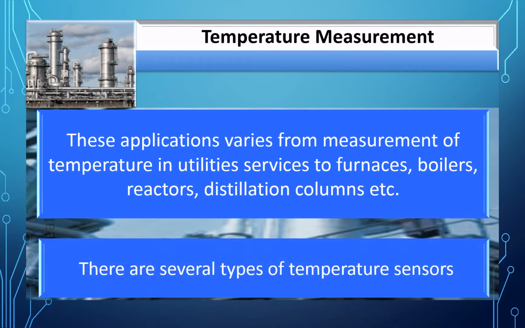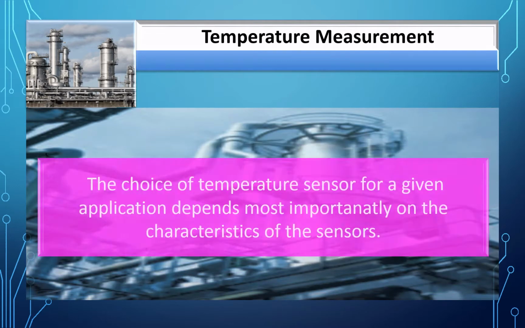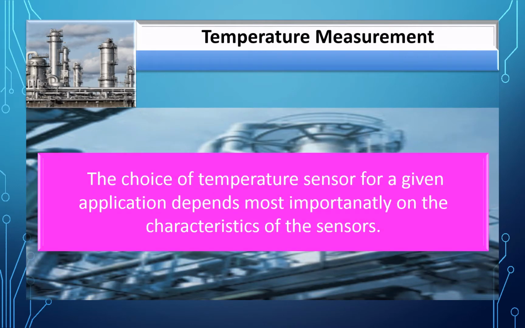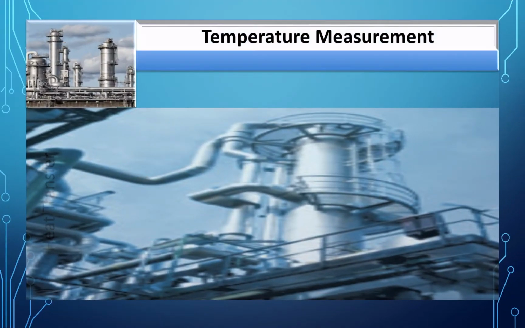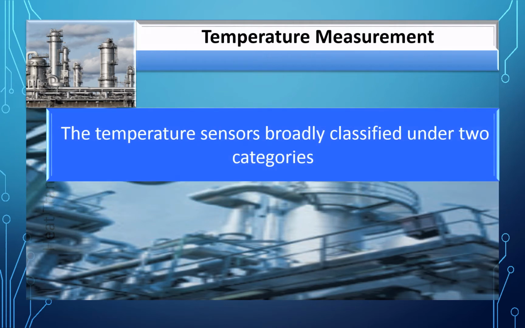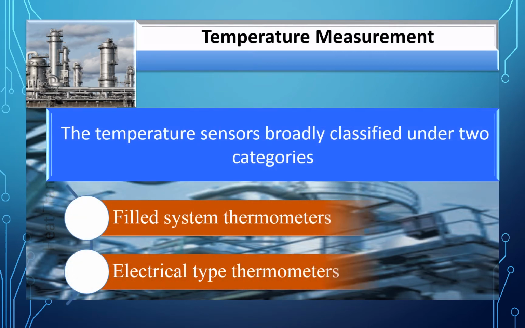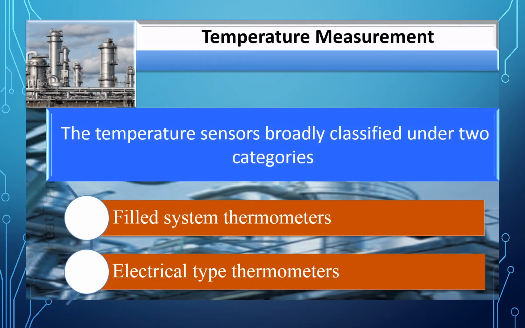There are several types of temperature sensors. The choice of temperature sensor for a given application depends most importantly on the characteristics of the sensors. Temperature sensors are broadly classified under two categories: filled system thermometers and electrical type thermometers.